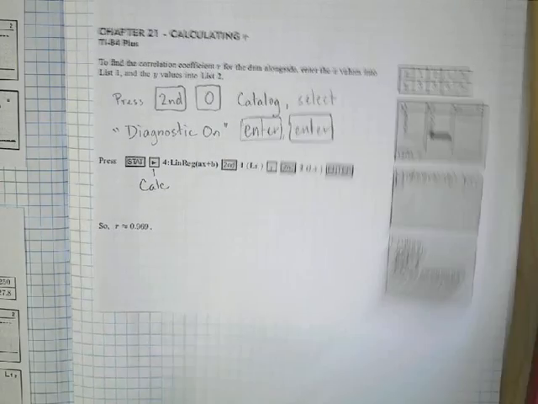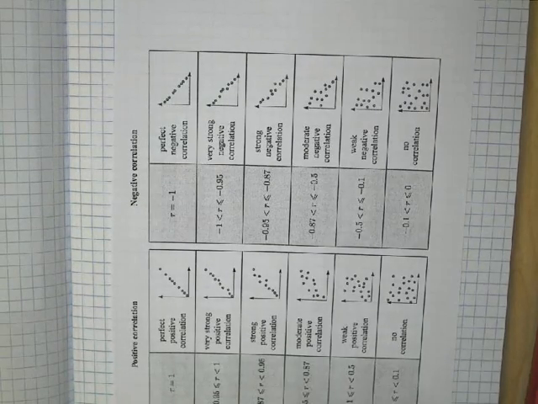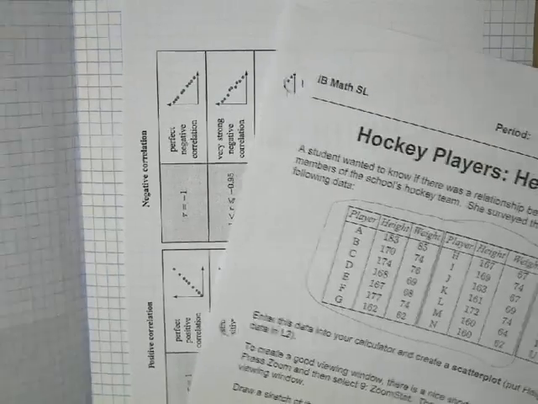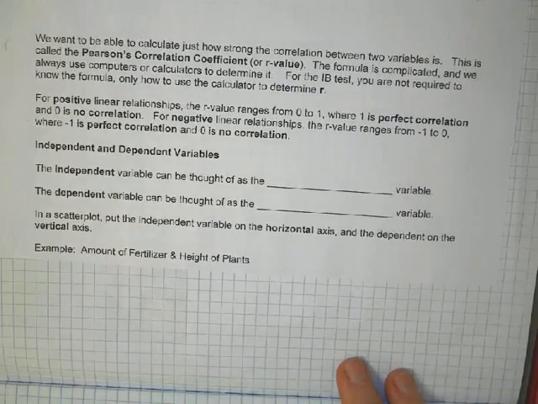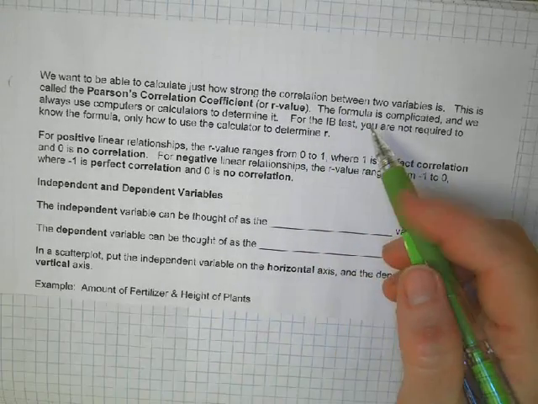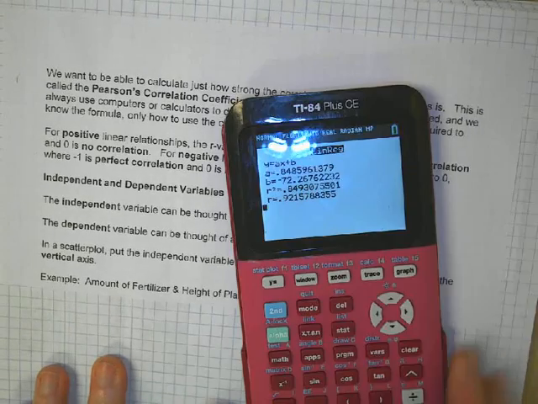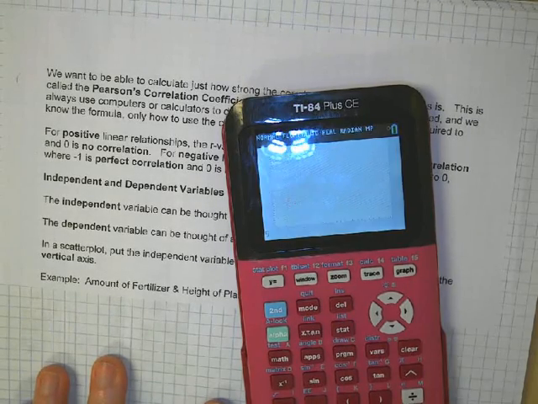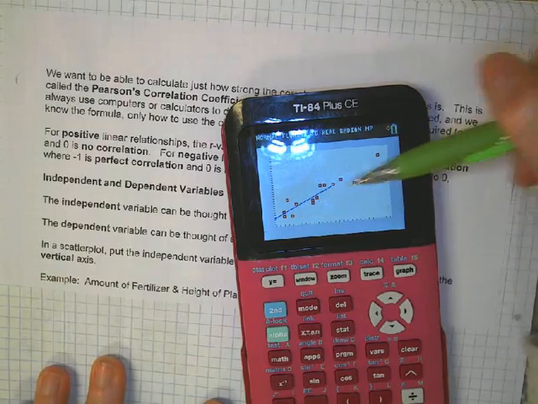If we turn over to here, correlation means how strong the relationship is between our sets of data. We want to be able to calculate just how strong the correlation between two variables is. In other words, if I go back to my Zoom 9, how close really are all my dots to that line?